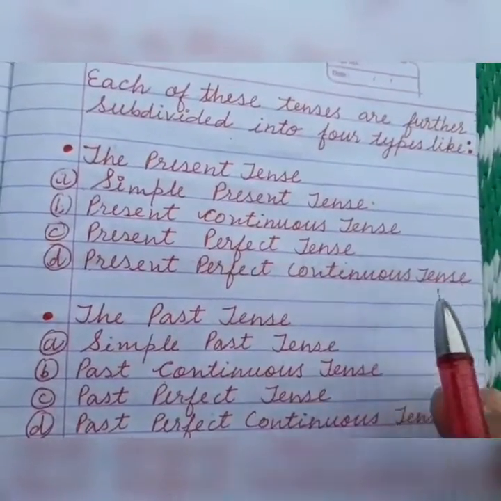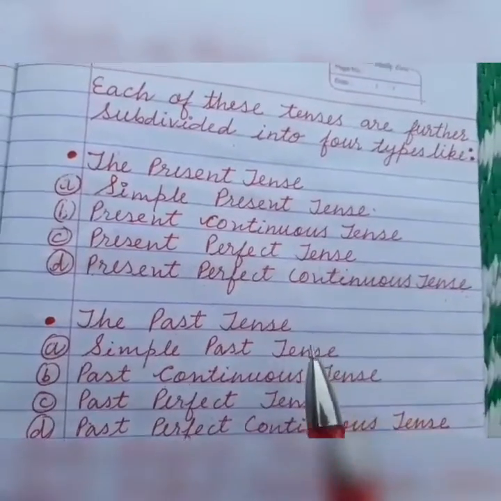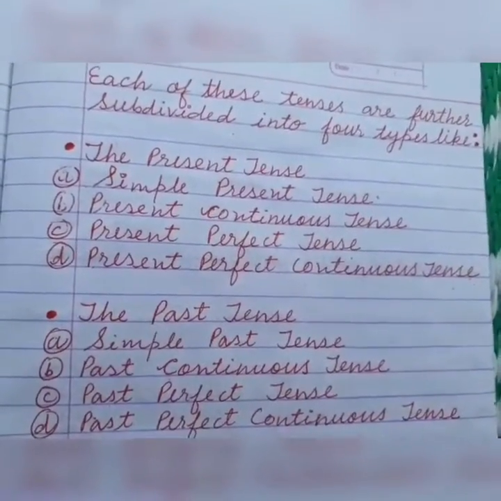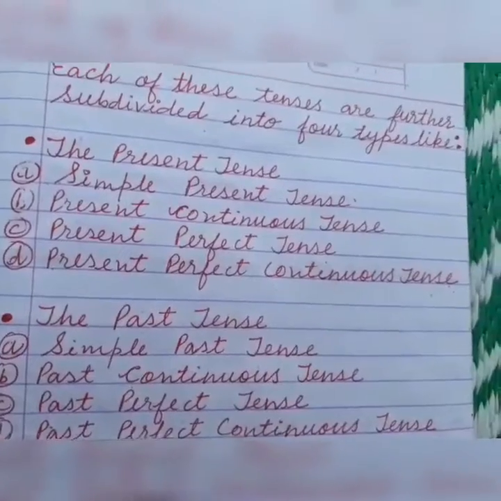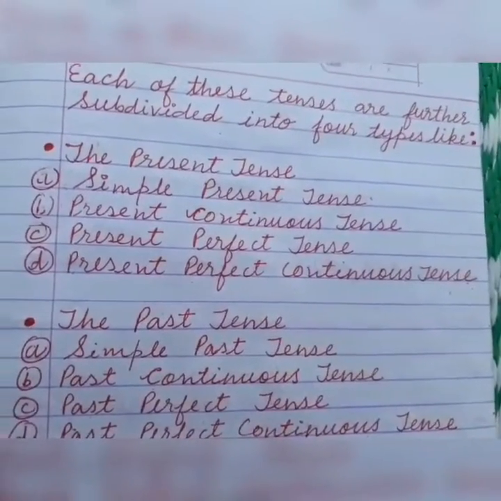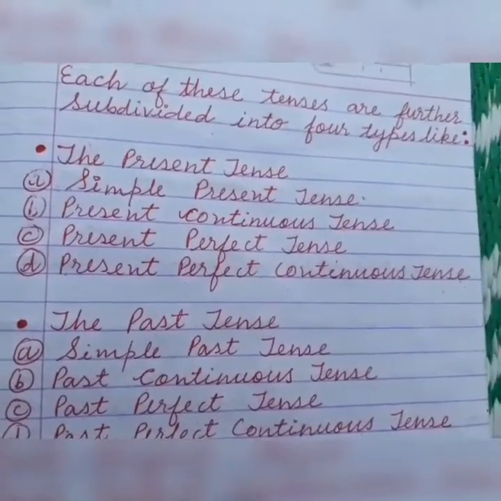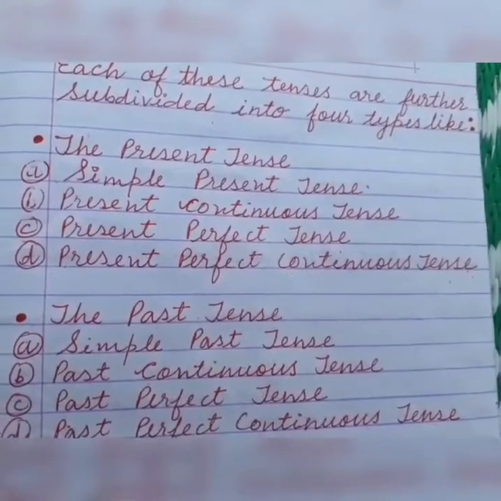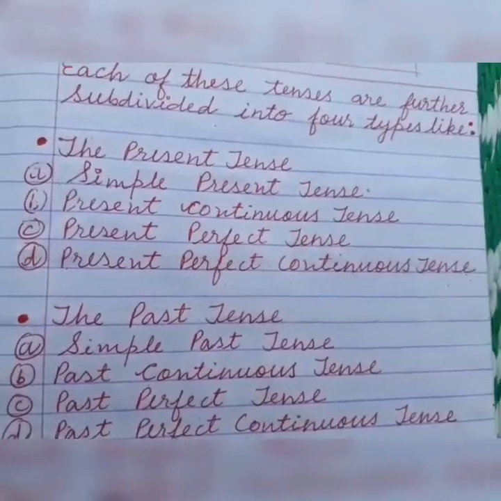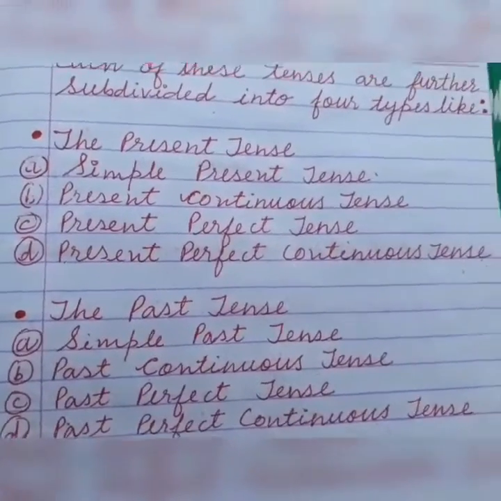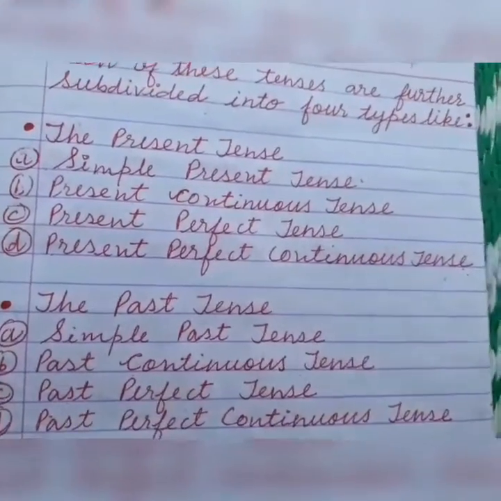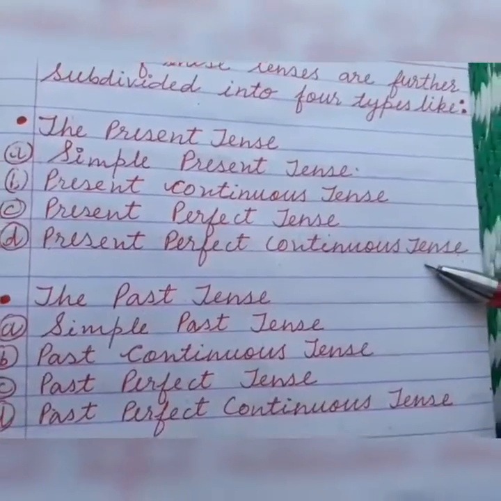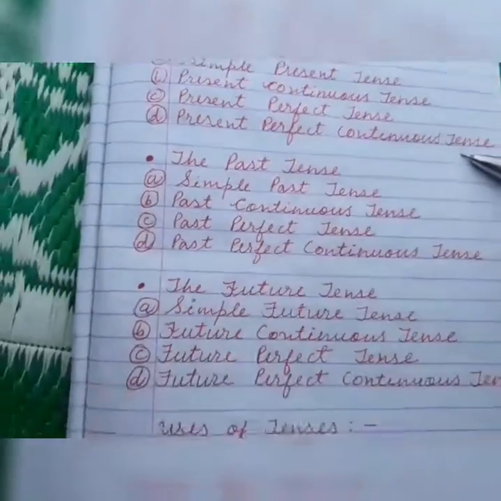Suppose you are waiting for someone, then you will say I am waiting for Ramesh, Rohan, anyone. But if you have been waiting for 2 hours, then you will use present perfect continuous tense: I have been waiting for Ramesh or Rohan, whoever it is, for 2 hours, or since morning. Is it clear? If there is an adverbial of time, there you use present perfect continuous.